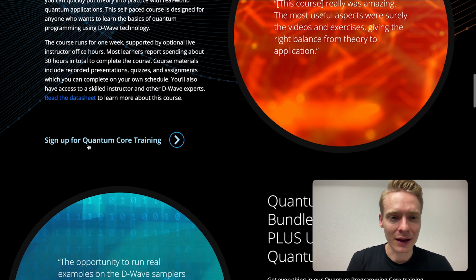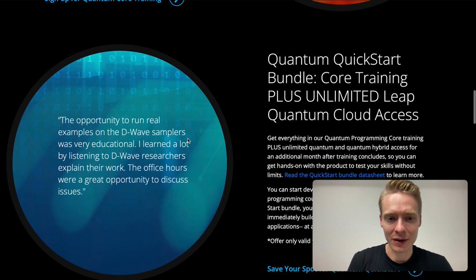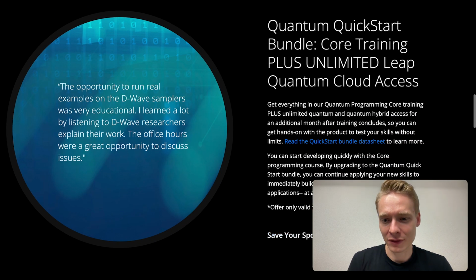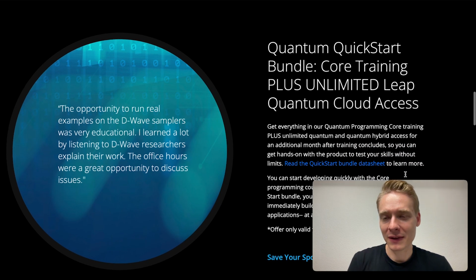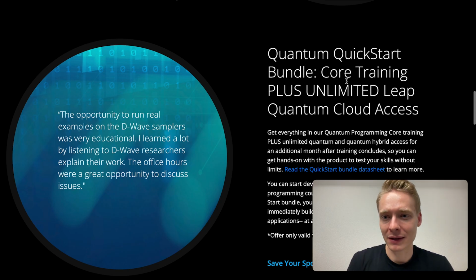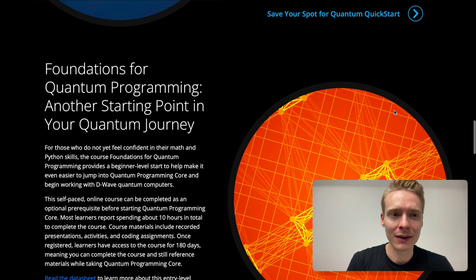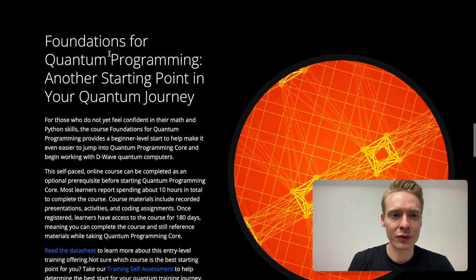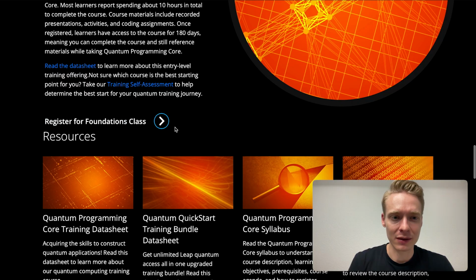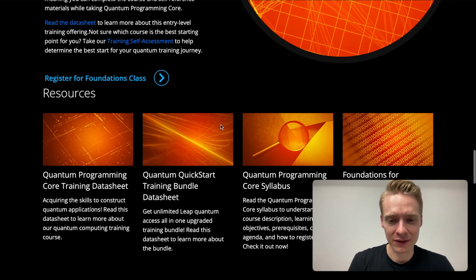So I guess here you can actually sign up for a proper training and then save your spot in a quantum quick start bundle: core training plus unlimited Leap Quantum cloud access. And then there's foundations for quantum programming, another starting point in your quantum journey. Here you can register for the foundations class.